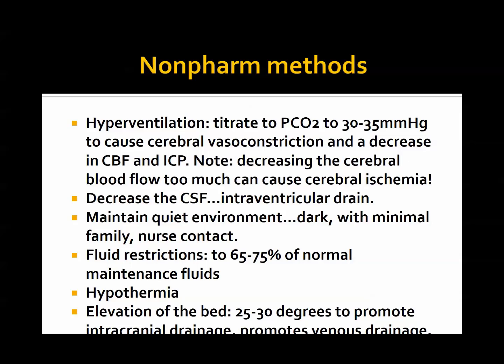Fluid restrictions can help as well, about 65 to 75% of normal. Putting the patient on a cooling blanket can be helpful to create a little bit of hypothermia, again decreasing cerebral metabolism.